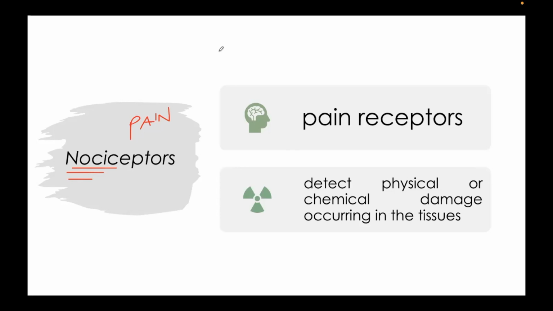I want you guys to remember that the nociceptors or the pain receptors will detect both physical as well as chemical damage, which occurs in tissues. So it's both physical damage as well as chemical damage.